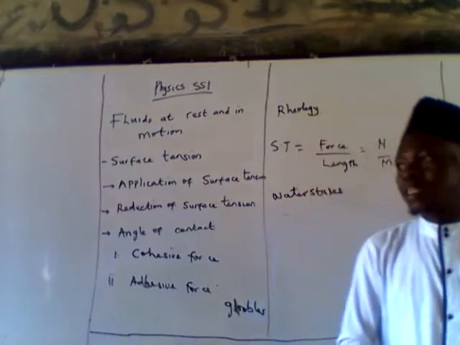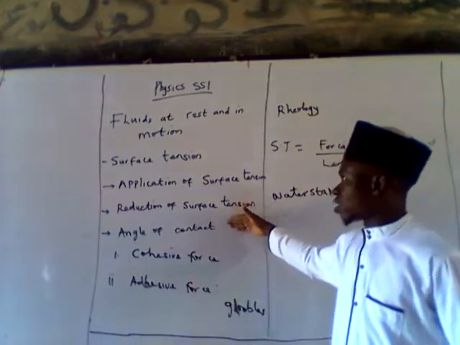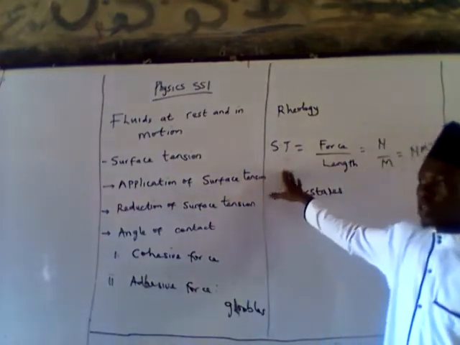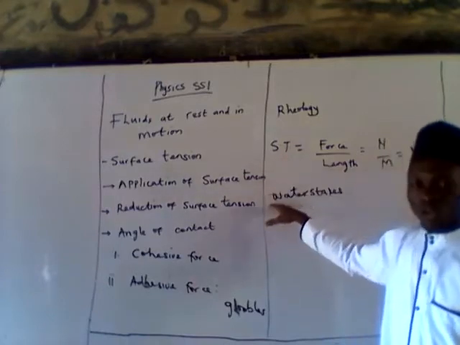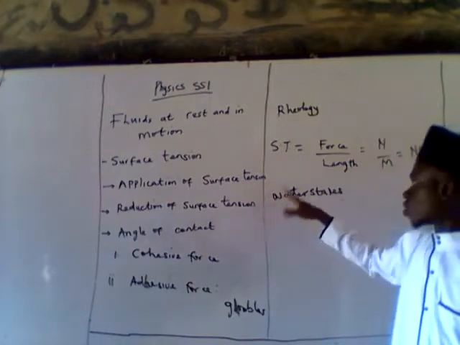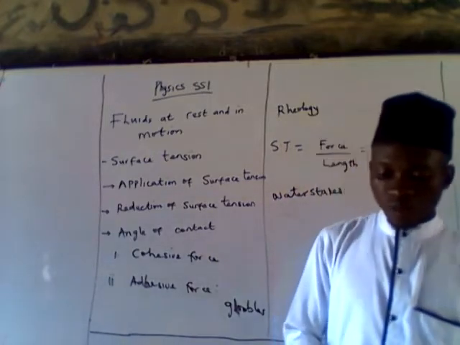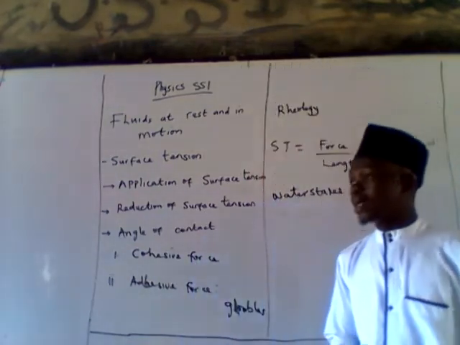So basically, when surface tension occurs, it has some applications: one is in the manufacture of waterproof or rainproof material, and also some insects are able to walk on a water surface. Another one is in soap and detergent.